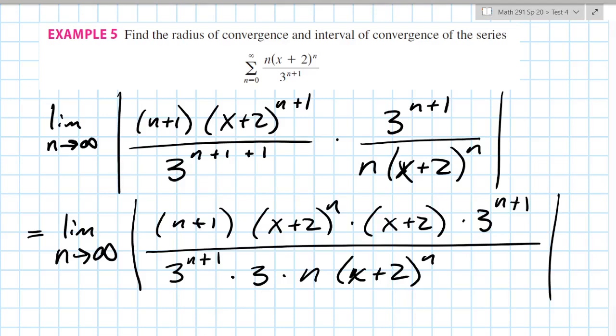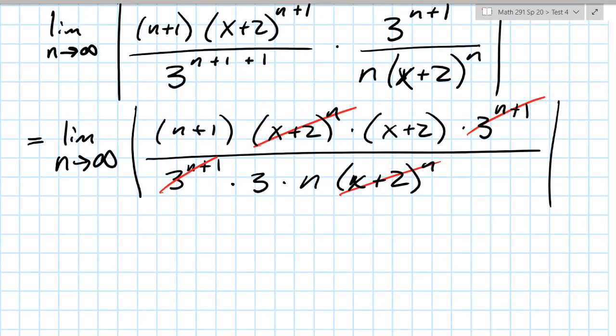Now, let's simplify x plus 2 to the n, x plus 2 to the n, 3 to the n plus 1, 3 to the n plus 1, and that looks like everything that can cancel.